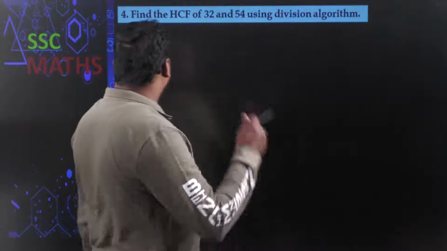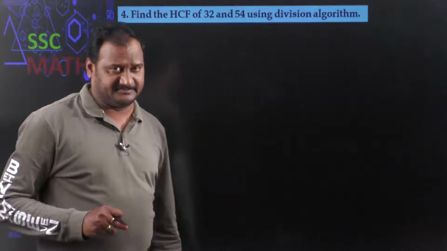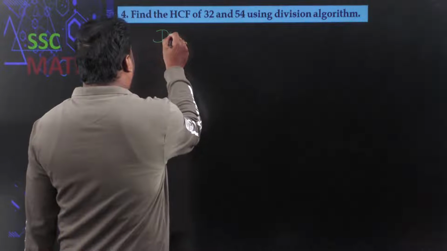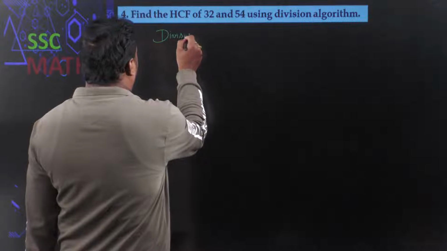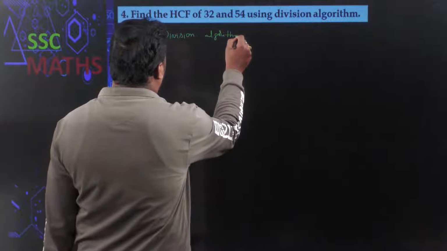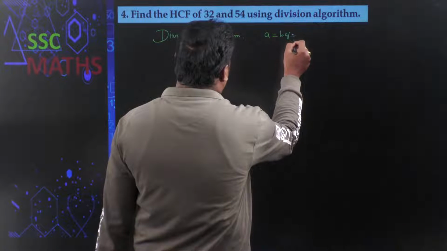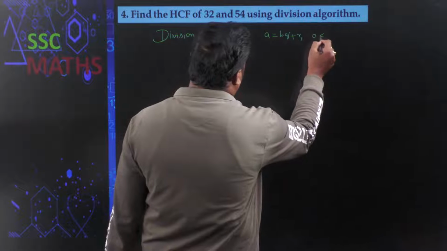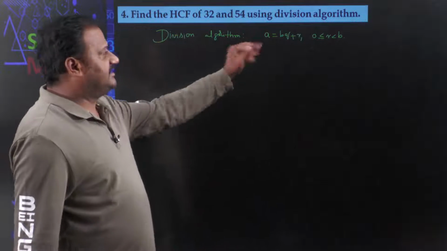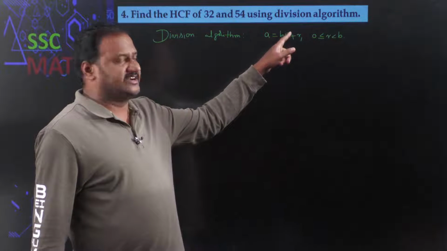So the next problem is find the HCF of 32 and 54 using division algorithm. What is division algorithm? Basically division algorithm is nothing but division rule. That is A is equal to BQ plus R, where 0 is less than or equal to R, less than B. It means here A is the dividend, B is the divisor, Q is the quotient, R is the remainder.